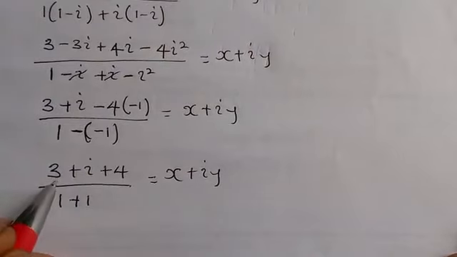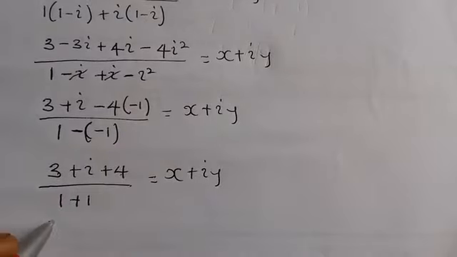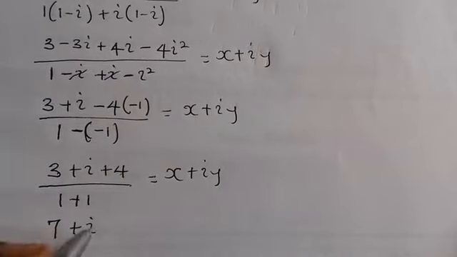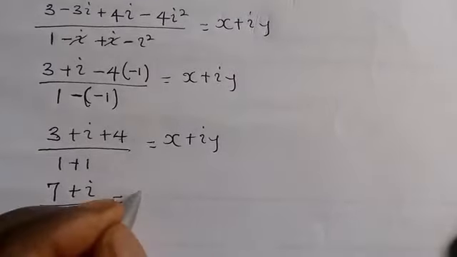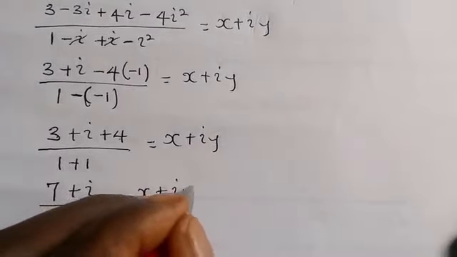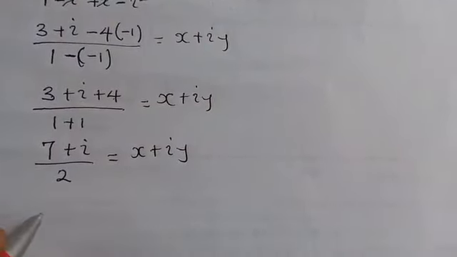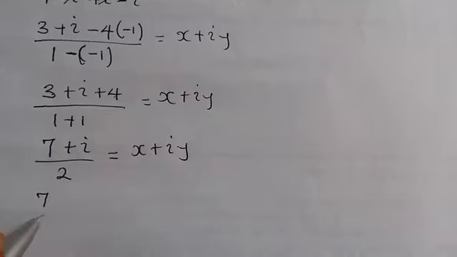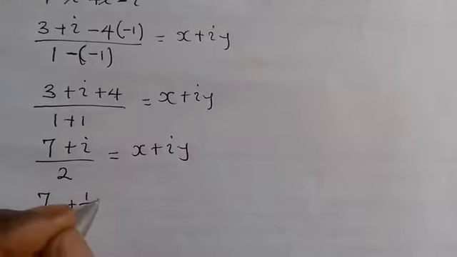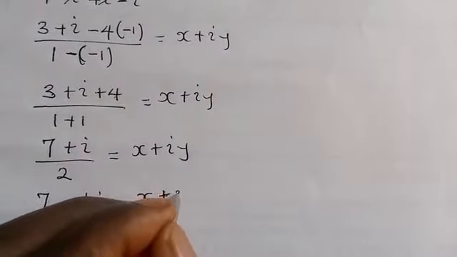So adding the real parts, 3 plus 4, we have 7. Then the imaginary part i, divide by 1 plus 1 is 2. This is equal to x plus iy. Next, we separate this fraction such that we have 7 over 2 for the real part and 1 over 2i for the imaginary part.